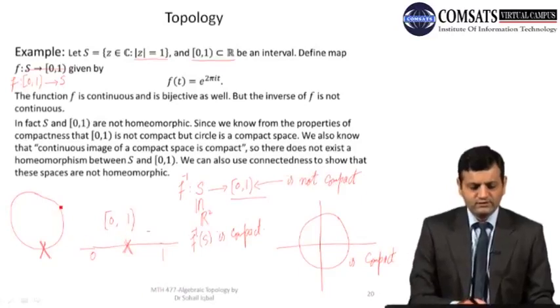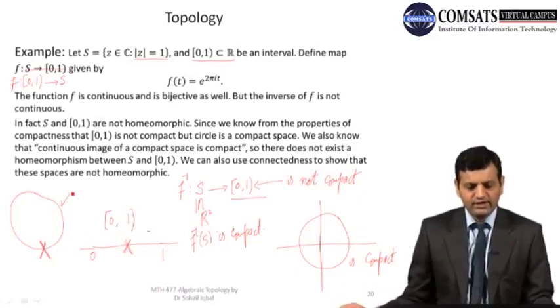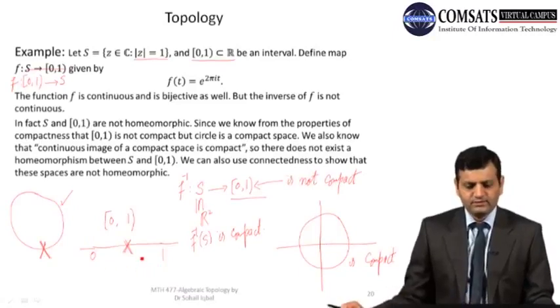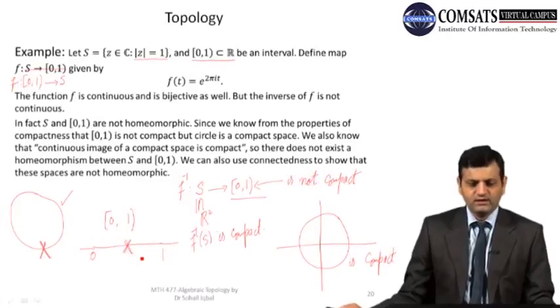Why is this not the case? Because the circle minus a point is connected and its image is not connected. So similarly, we can use other arguments using connectedness and compactness to show that the circle and this semi-open, semi-closed interval 0 to 1 are not homeomorphic.